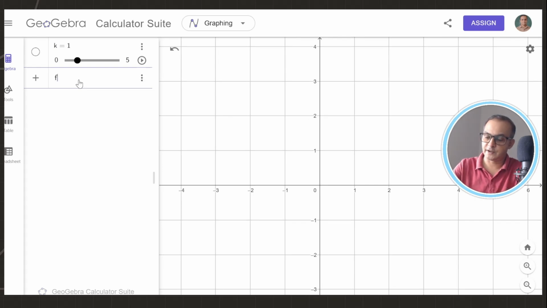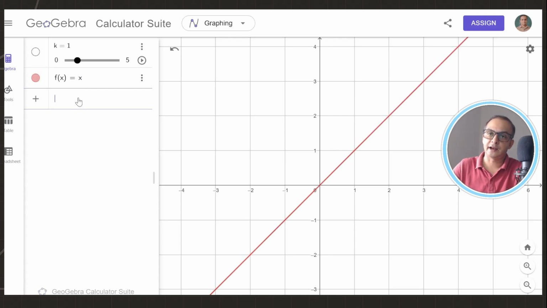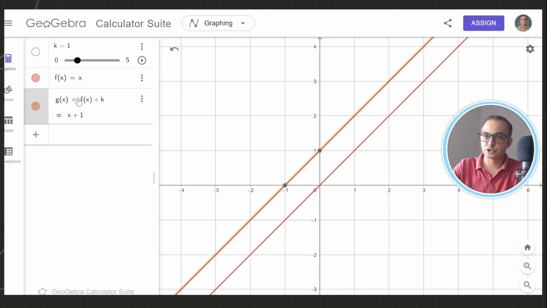I'm taking the function f(x) and I'm calling it for the first time x, and I'm going to apply all the transformations on it. So for that I'm writing the second function as f(x) plus k, that must show you that the graph is shifted k unit above.